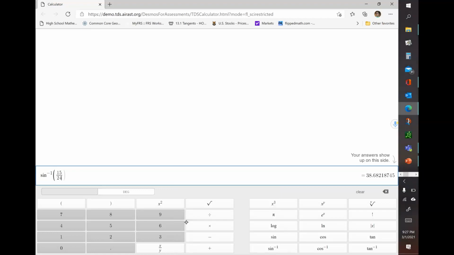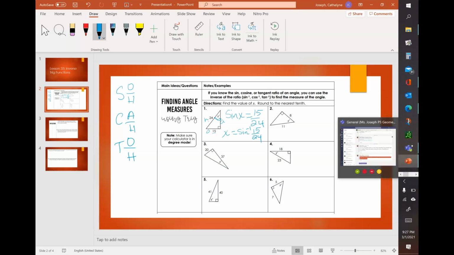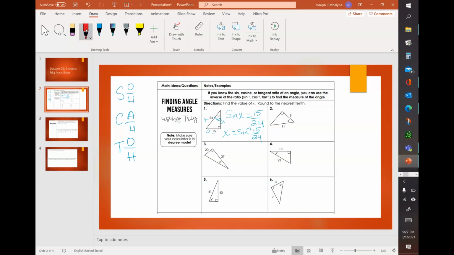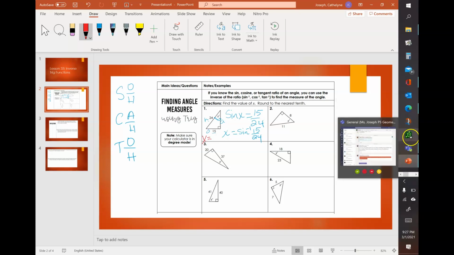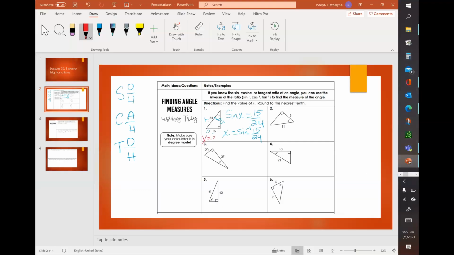All right, and that gives us 38.68, or we can say 38.7, since they want us to round to the nearest tenth. So x is 38.7 degrees. Remember, here we are finding the missing angle.